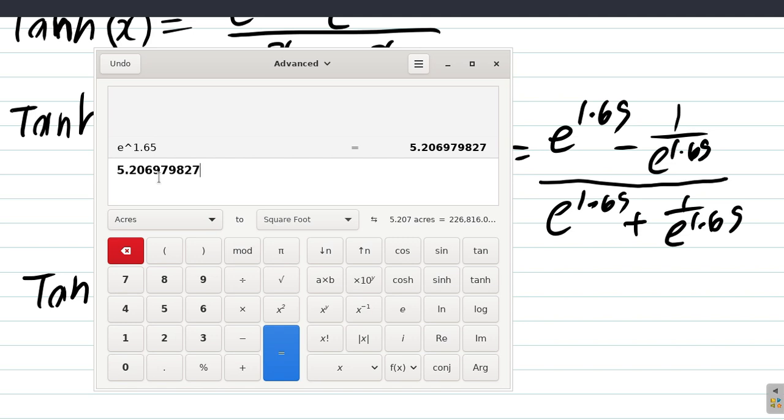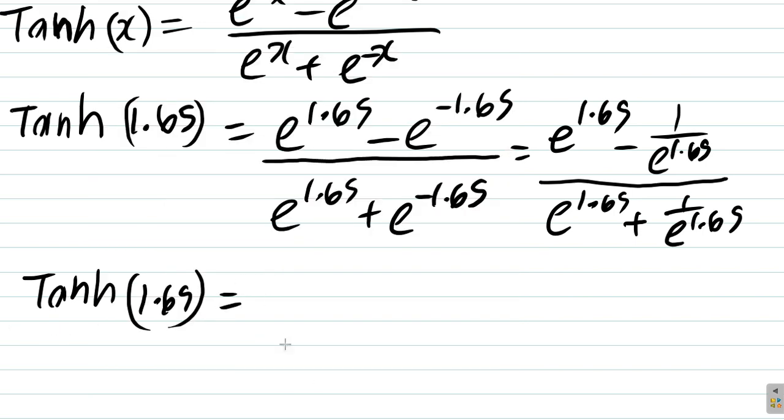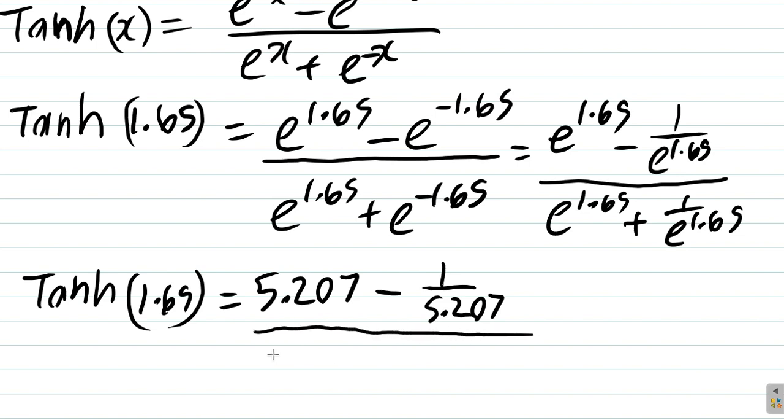So e to the 1.65 is 5.207 to 3 decimal places. So let's work with that. 5.207 minus 1 over 5.207, all over 5.207 plus 1 over 5.207.